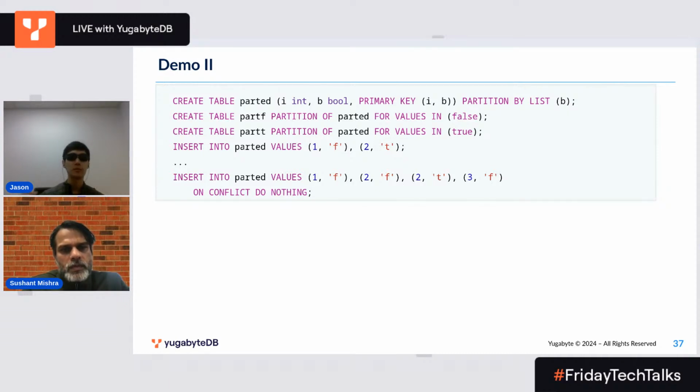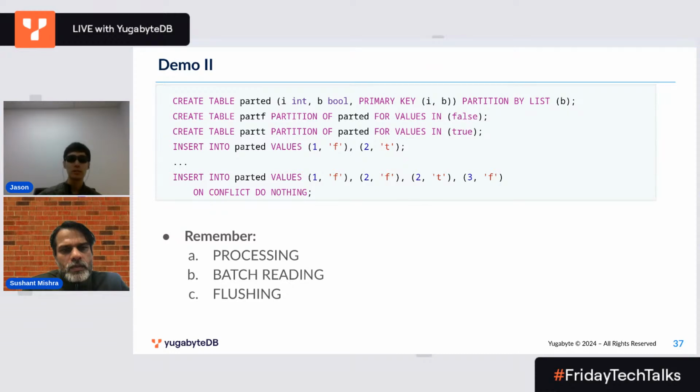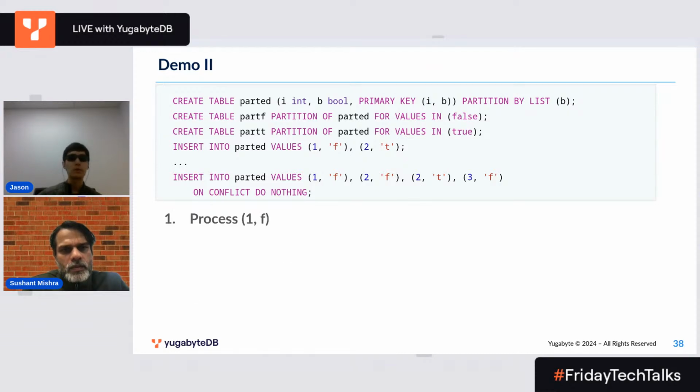And first, I'm just going to go over what it looks like before actually demonstrating it. So remember, the steps are processing, batch reading, and flushing. So first, we will process the 1F. Assuming the batch size is some really high number, like 1024, we have to keep moving on because we didn't hit the batch size yet.